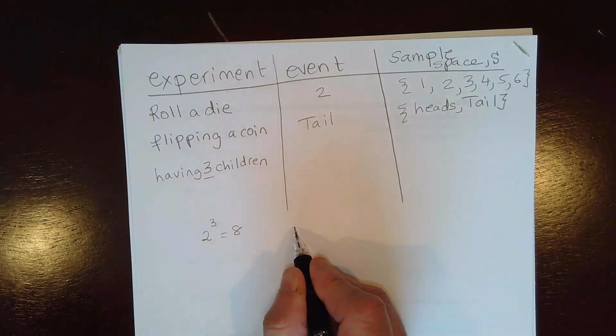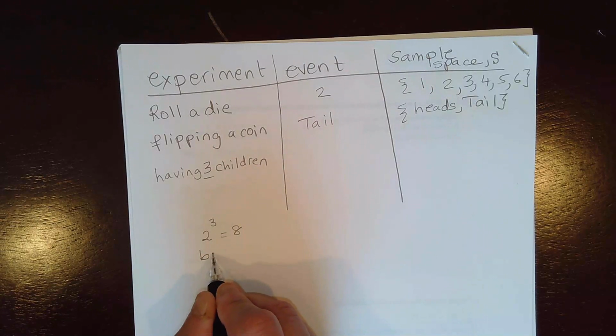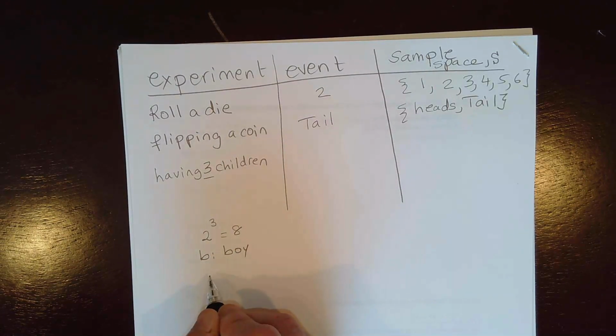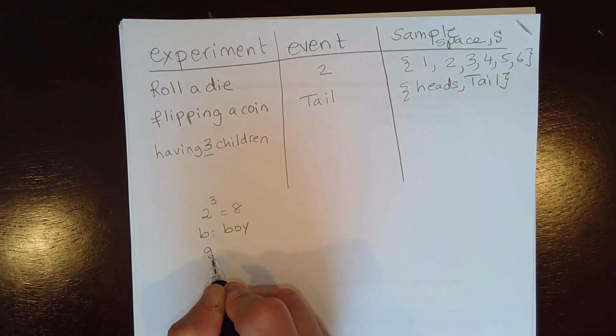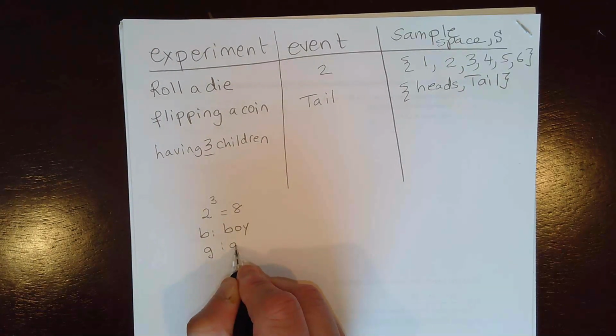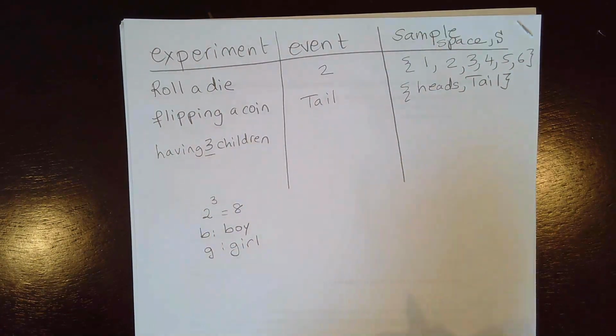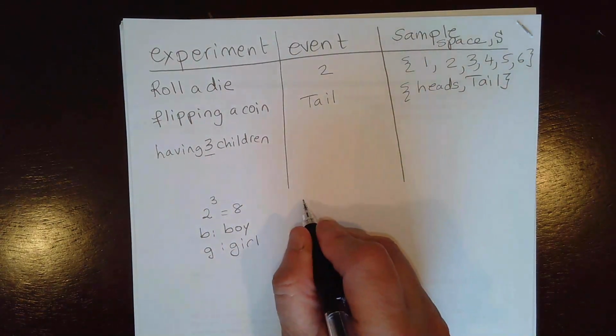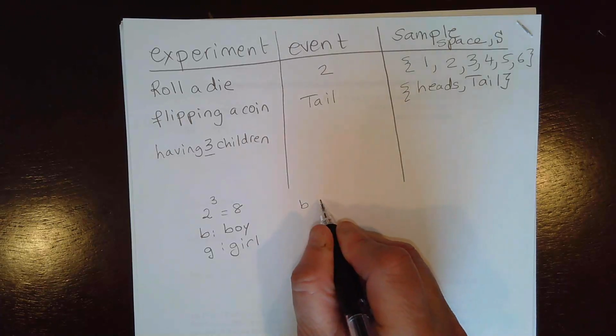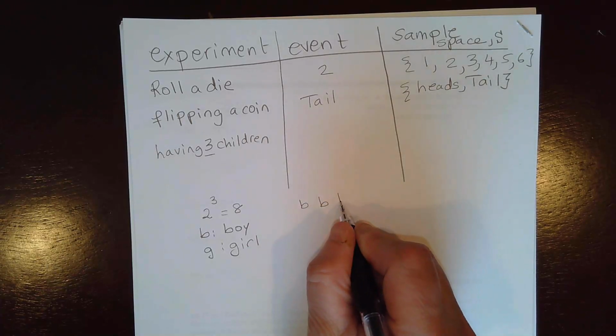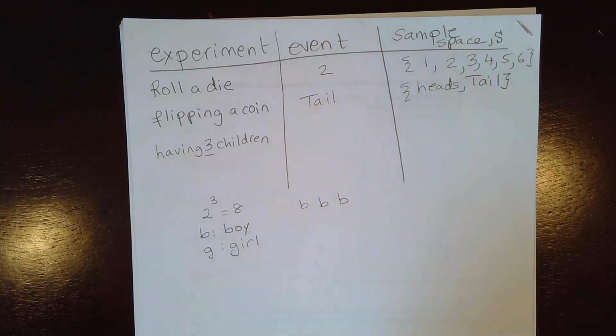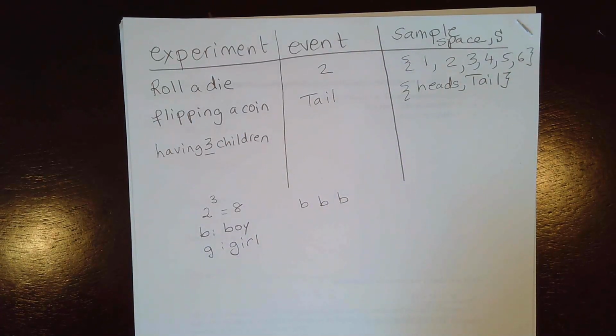For short, let's make B boy and G girl. So the first child could be a boy, the second child could be a boy, the third child could be a boy. This is one possible outcome.